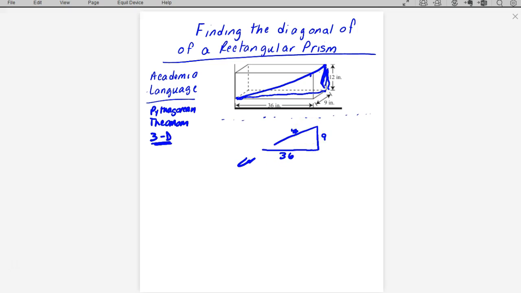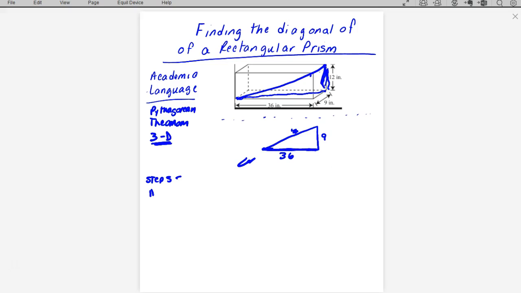And I want to find that side using the Pythagorean theorem. So what I want you to do over here is start writing some steps. For step 1, I want you to write down what your step's going to be, but I'm just going to talk about it, and I want you to write it down.